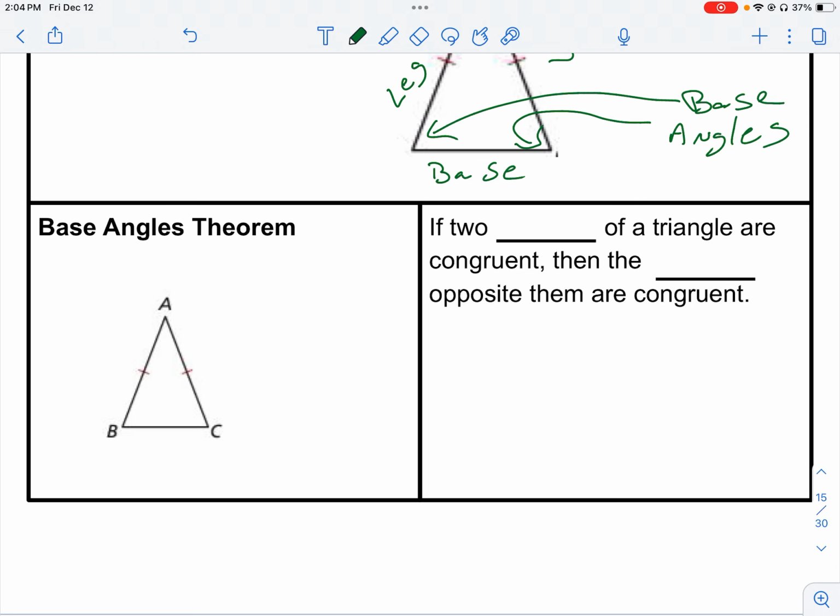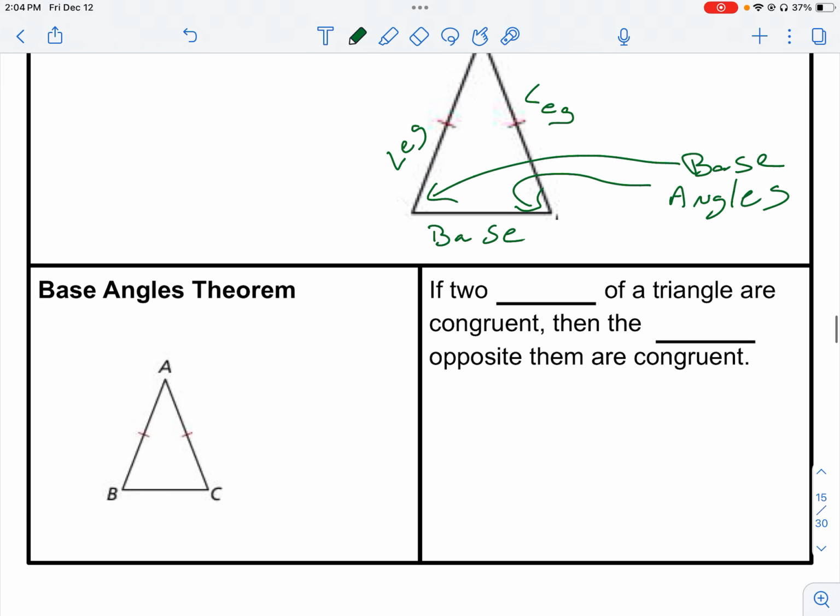So let's look at what we're talking about and how that information helps us. Well, the base angle theorem says that if two sides of a triangle are congruent, then the angles opposite them are congruent.